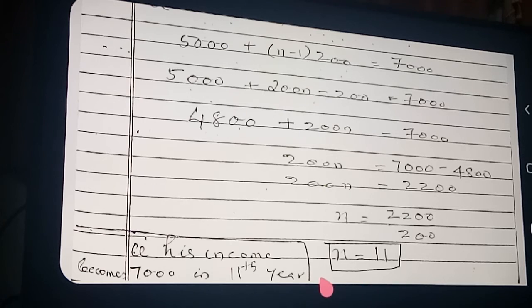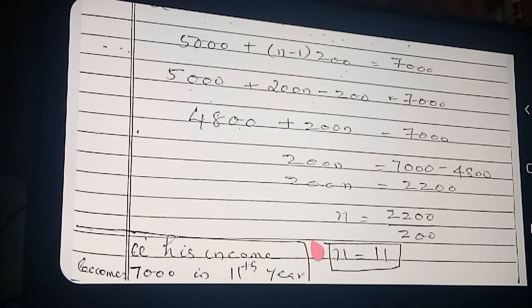What value did you get? The value of N you got as 11. So the value of N is 11, the meaning is that his income becomes 7,000 in which year? 11th year. Your question is in which year did his income reach 7,000?